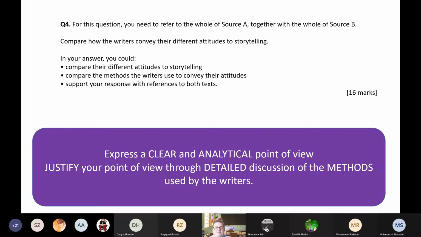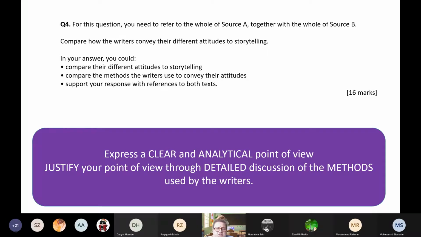It says compare the methods the writers use to convey their attitudes. So that's really important because it's reminding you in those bullet points that you need to talk about the language and the structure, and you need to support with reference to the text. So this question means that you need to express a clear and analytical point of view about how those writers use different methods to get their ideas across.